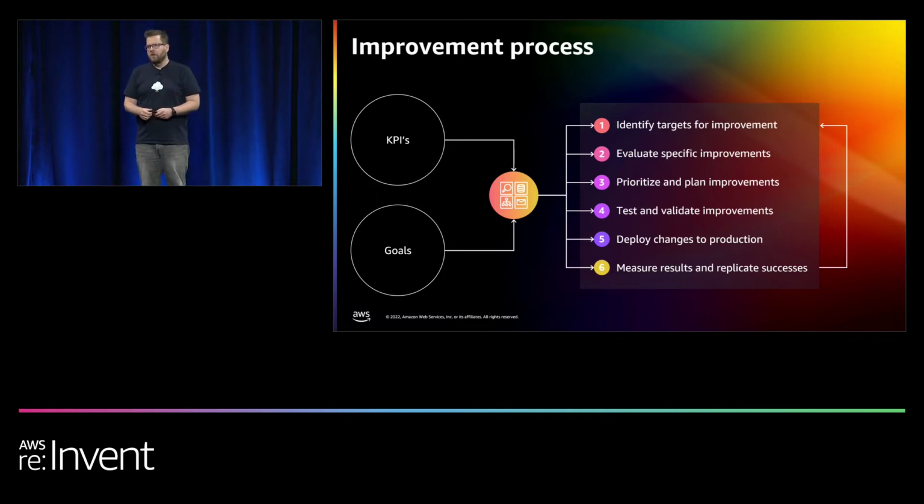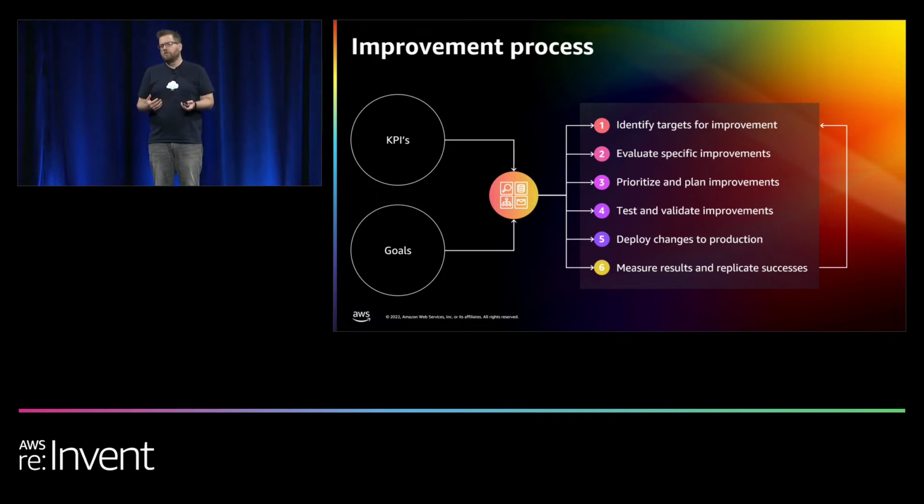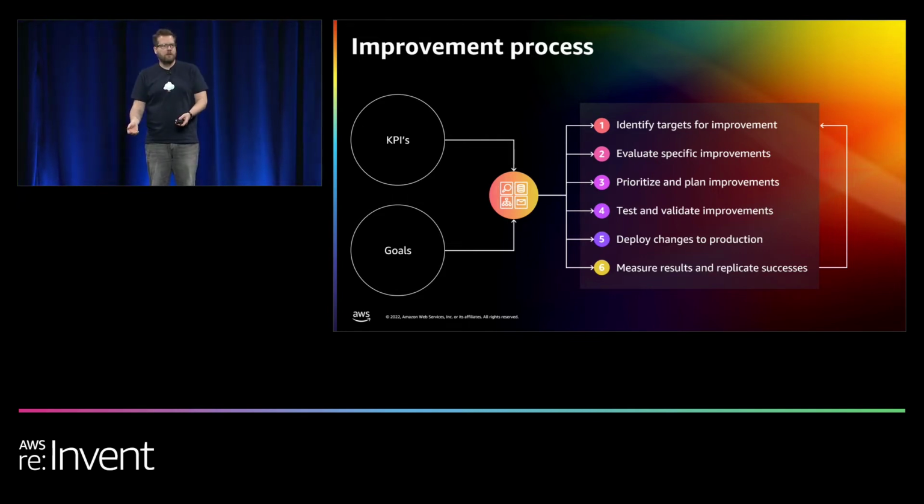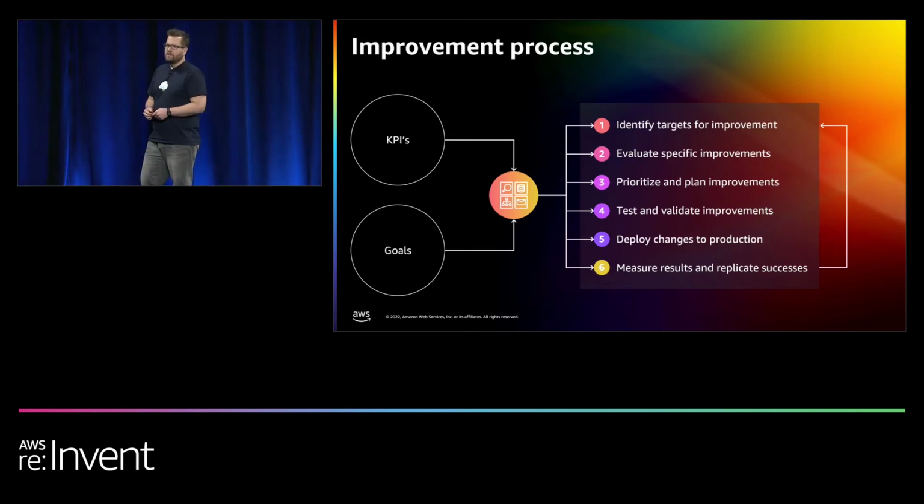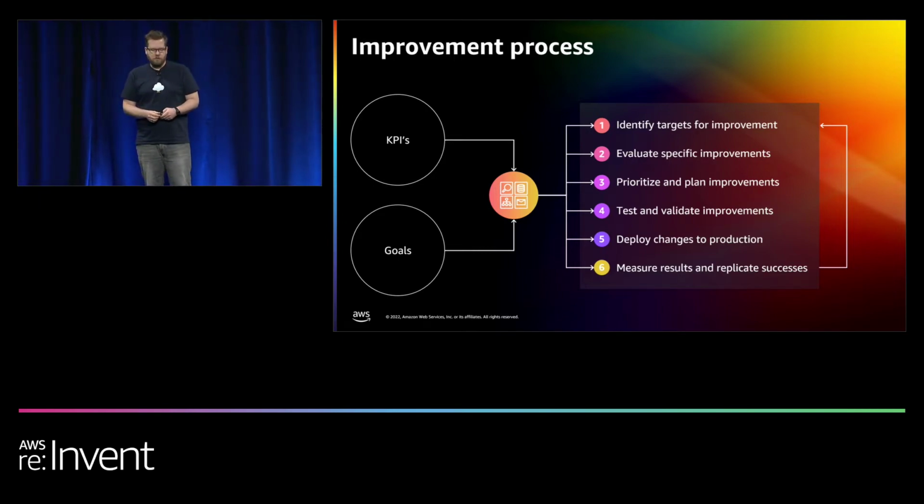Then you evaluate improvements, making hypotheses like, I could implement autoscaling, I could do right-sizing, I could make an architectural change. Then you optimize these improvements by risk and cost and by impact, and then you experiment.